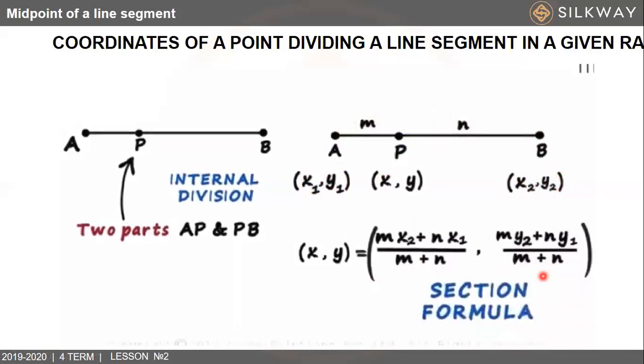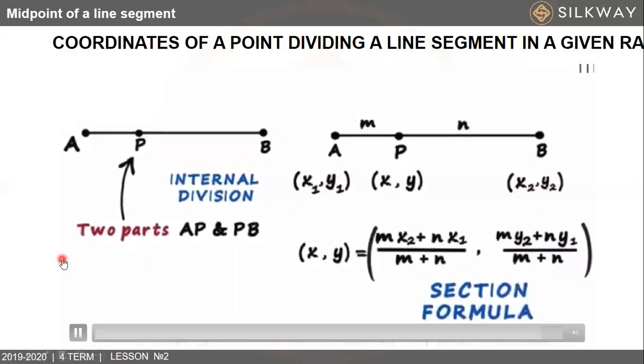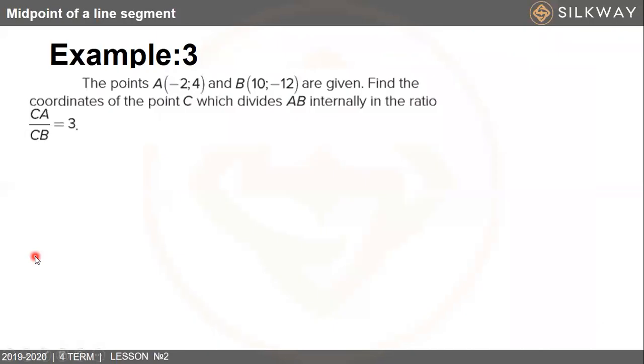So we can find it easily by cross multiplication. Next example. The points A (-2, 4) and B (10, -12) are given. Find the coordinates of the point C, which divides AB internally in the ratio CA over CB equal to 3.